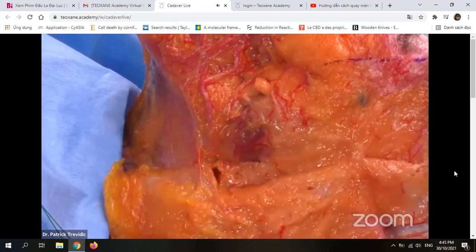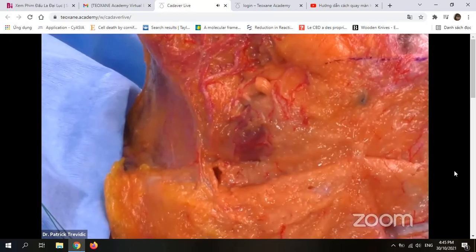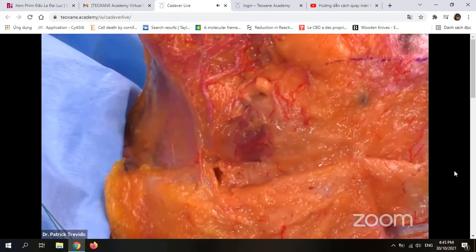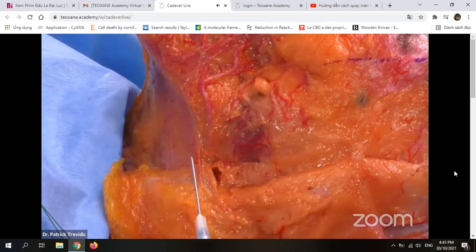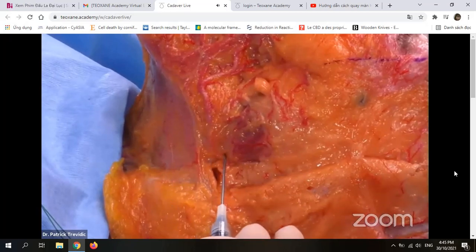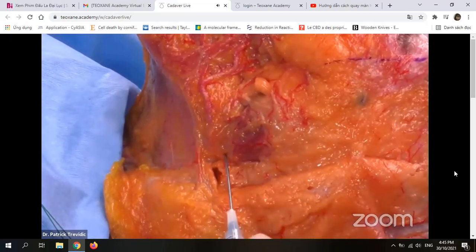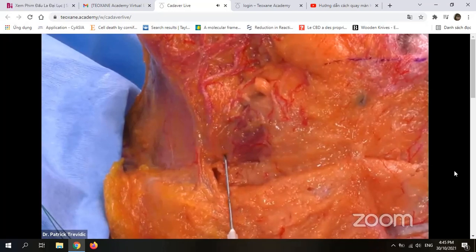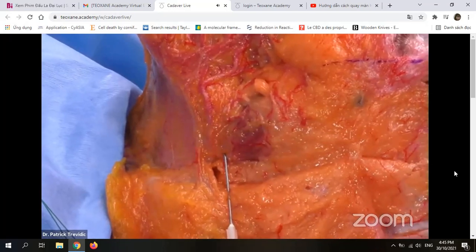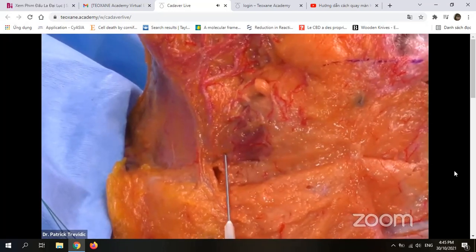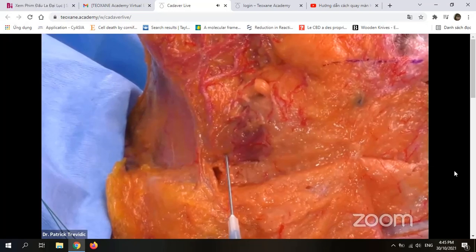So when you do a deep injection in the masseter, in the bone origin of the masseter, that is almost the same as the temple or the tear trough, your injection will be deep on the bone, bevel down, very safe.